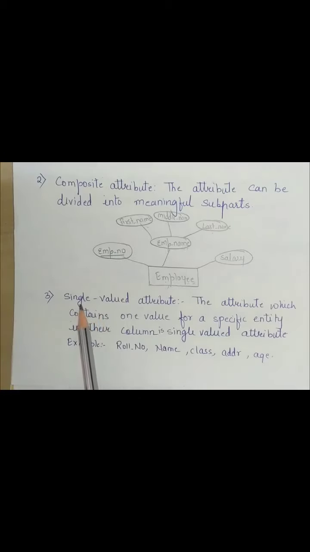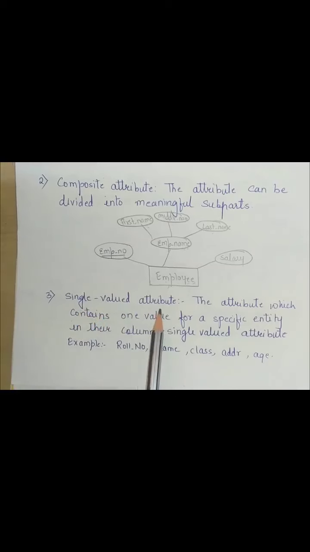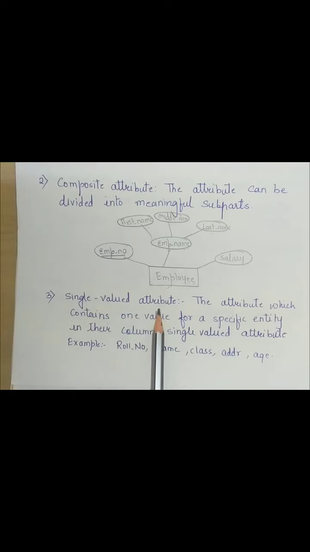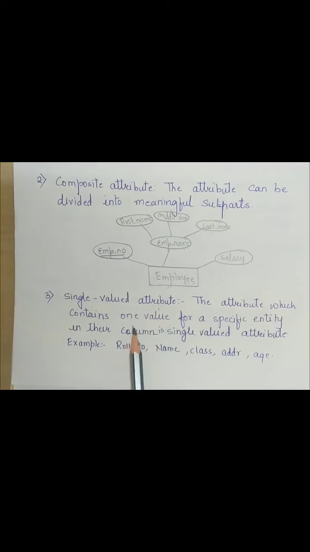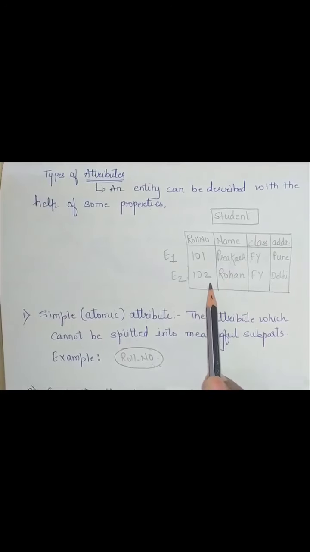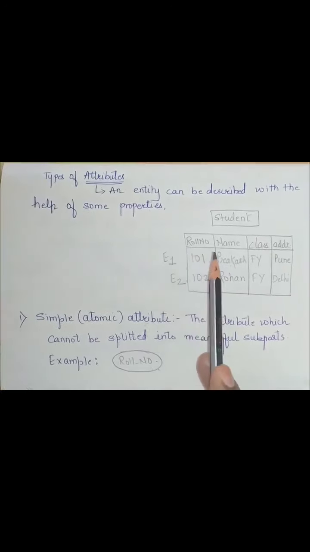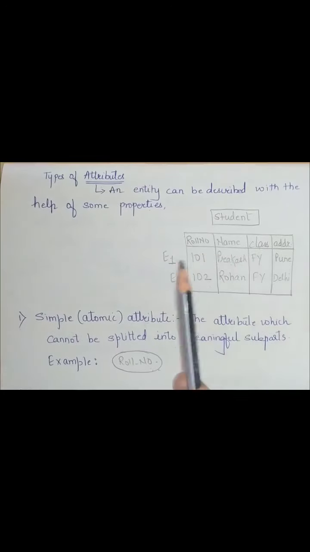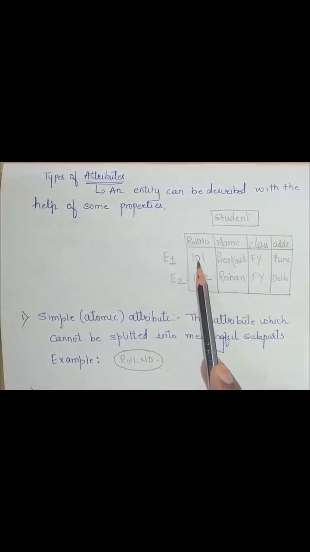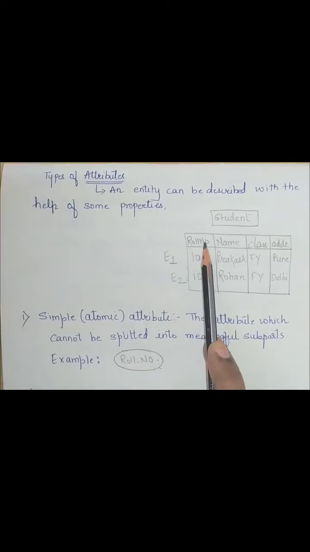Next type is the single valued attribute. What is a single valued attribute? It means that in a column, there is going to be one value for a specific entity. Let us understand with the example of this relation student. Here you see the attributes roll number, name, class and address, and the entities E1 and E2. You can see 101 is the single value for the attribute roll number.